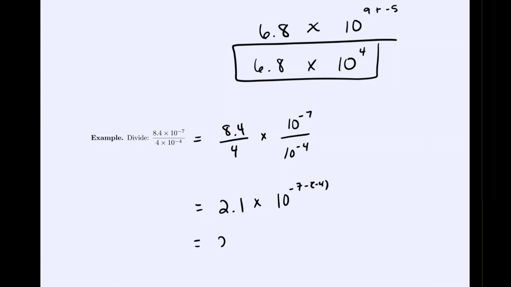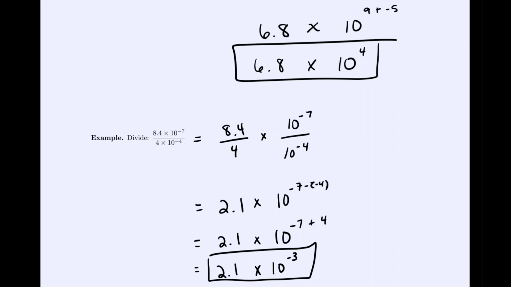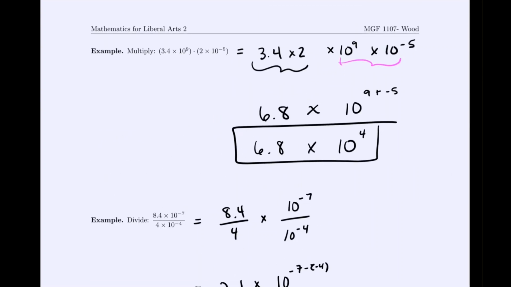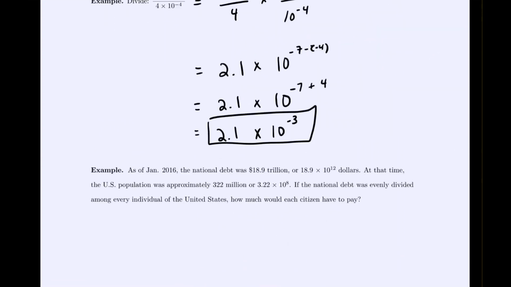That's the same as adding that term as a positive, so that's 10 to the -7 plus 4, which would simplify to 2.1 times 10 to the -3. So when multiplying and dividing scientific numbers, just think like things together. Like things divided in this case, or in our previous case, like things multiplied. And then our properties of exponents.